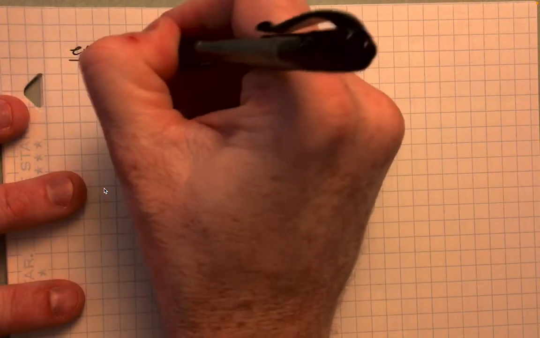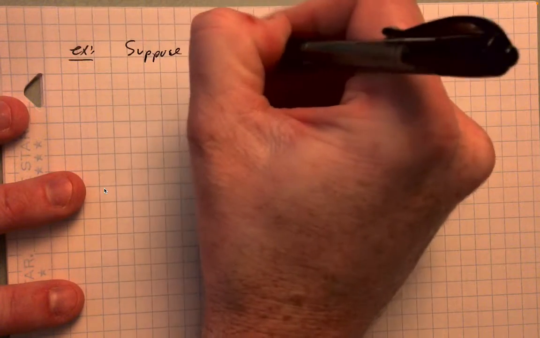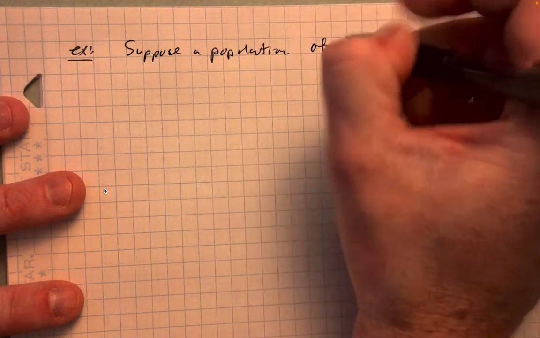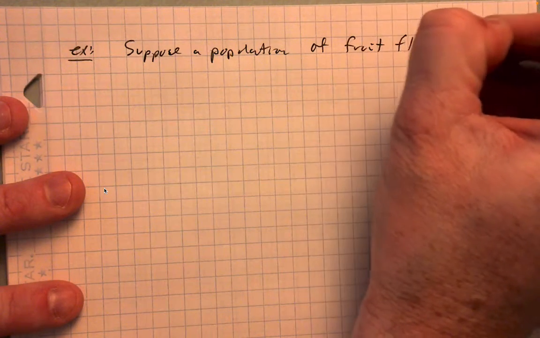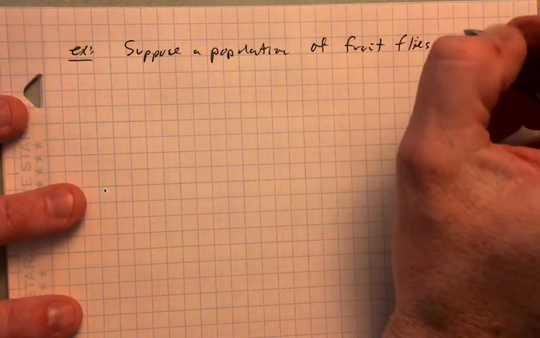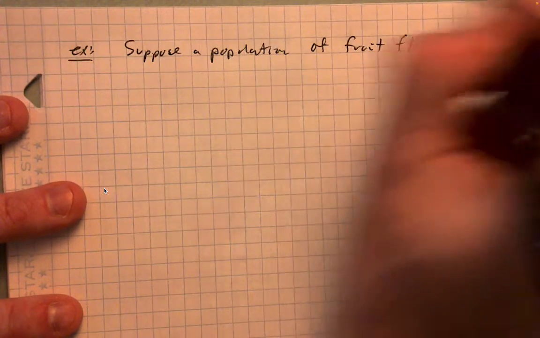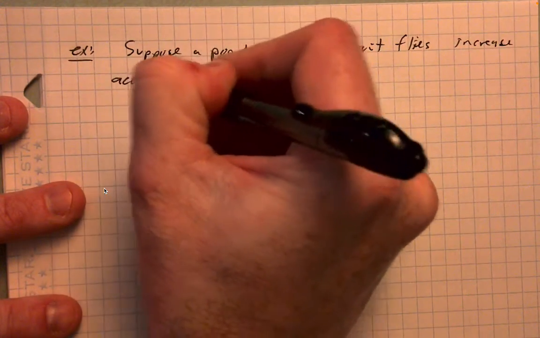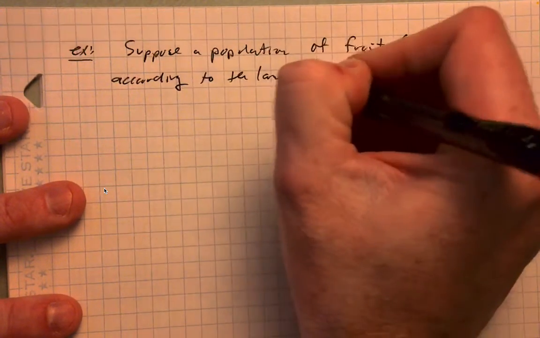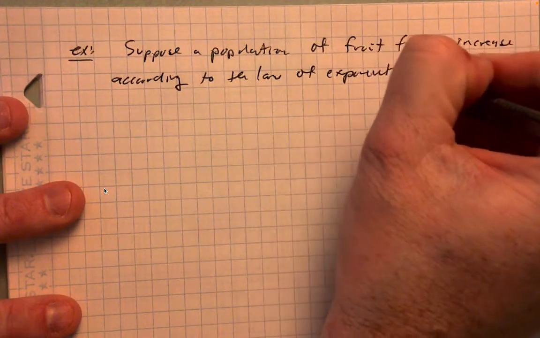Perfect. Okay, let's do another example, a more real-world, more realistic example, potentially. So example: suppose a population of fruit flies increases according to the law of exponential growth.